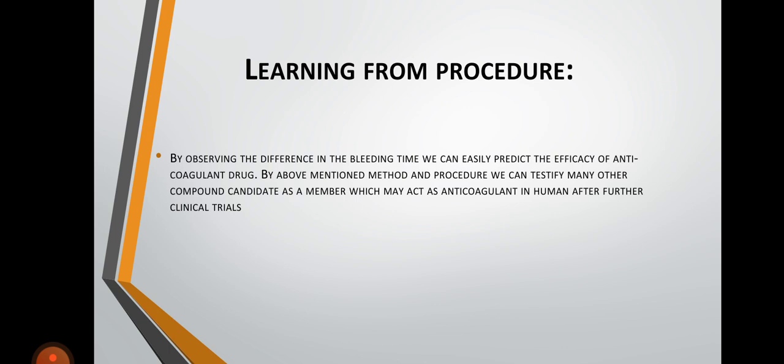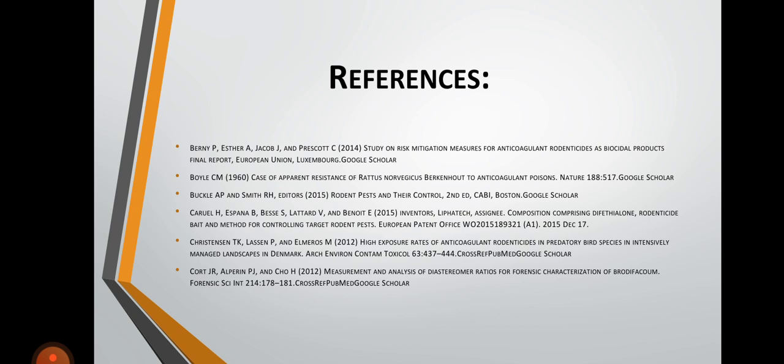By the procedures I have just discussed, we can get a compound which has much fewer adverse effects compared to the drugs which are in the market today. By that research procedure on rats or rodents, we can adapt our medicine. We can produce several anticoagulant agents which may be more efficacious, and after several clinical trials, in vivo testing and in vitro testing, they may be used as a good therapeutic. Thank you. This is all from my side.